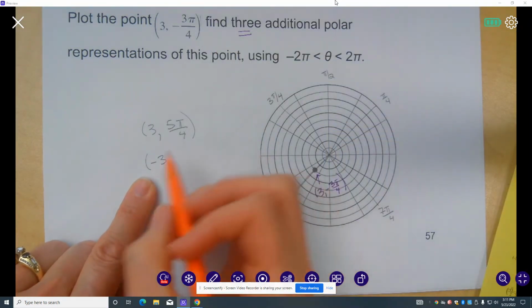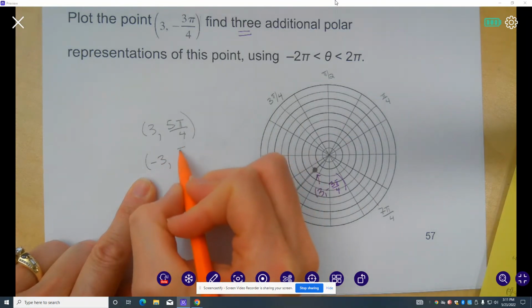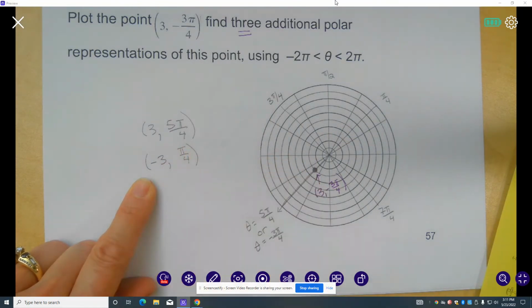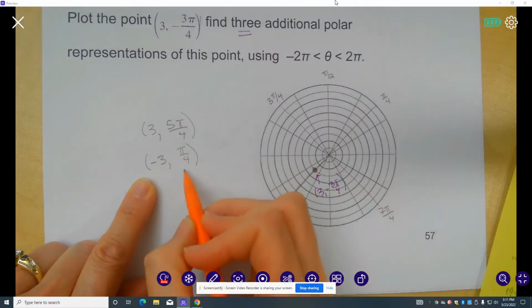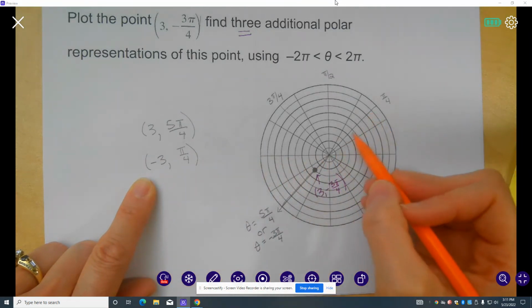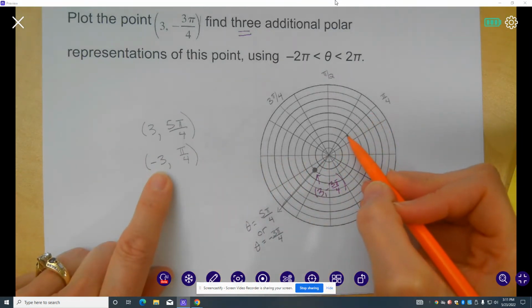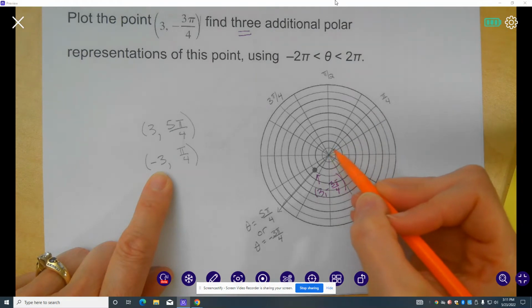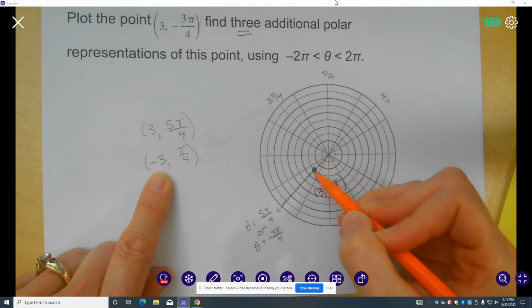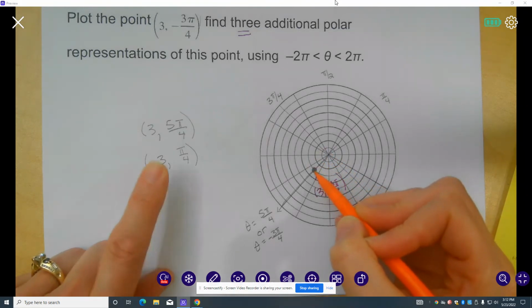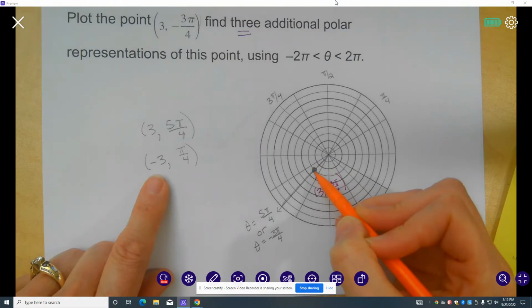So this coordinate point, negative 3, pi over 4, is going to be graphed just like this. So pretend you were given this point to graph. You'd go to pi over 4, you'd go here, and then you'd say, oh, it's negative 3. So I don't want to go 3 in the positive direction here. I want to do 3 on the other side. So this coordinate point right here is negative 3, pi over 4.